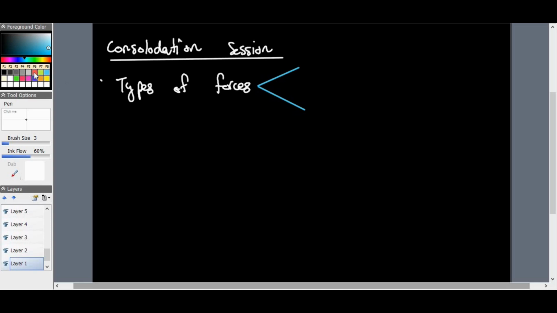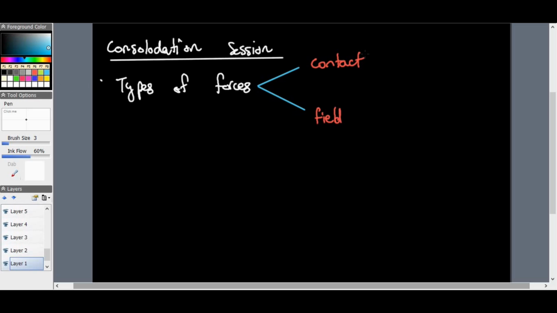Okay, now the types of forces that we get, in big or main categories, are contact forces, and then we also get field forces. Now these can be further broken up into some more categories.